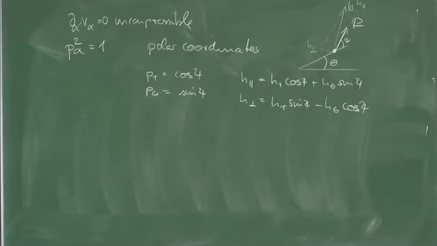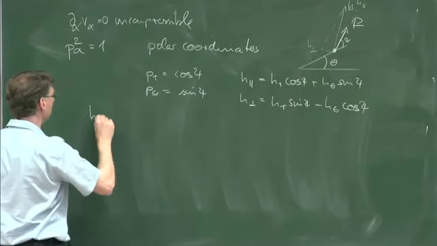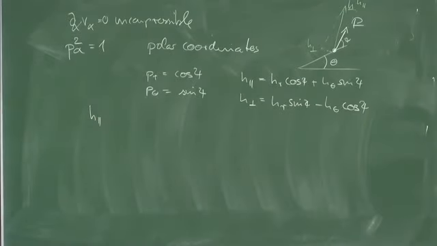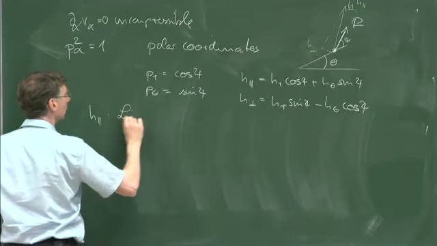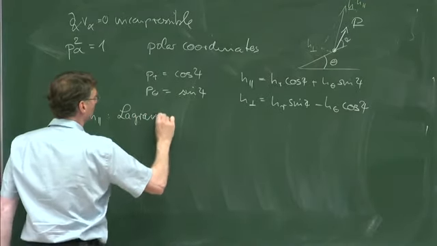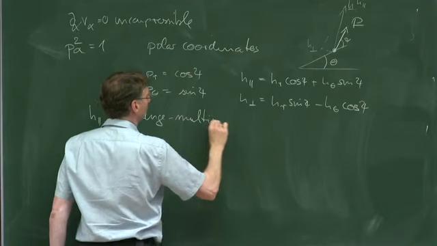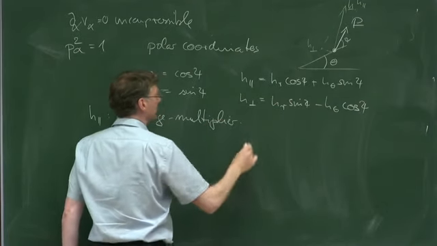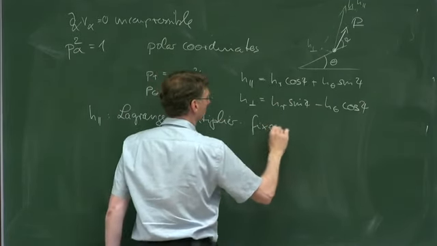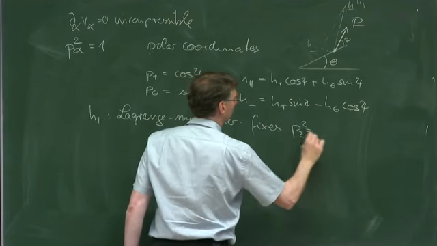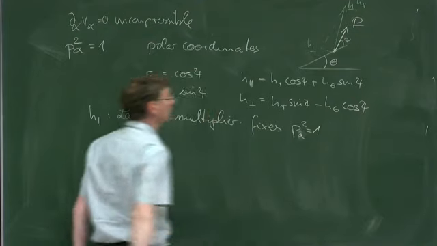And so what H parallel does, it basically fixes the length of the order parameter. So what we are going to assume is that this is a Lagrange parameter, a Lagrange multiplier, and it fixes the length of the polarization vector.